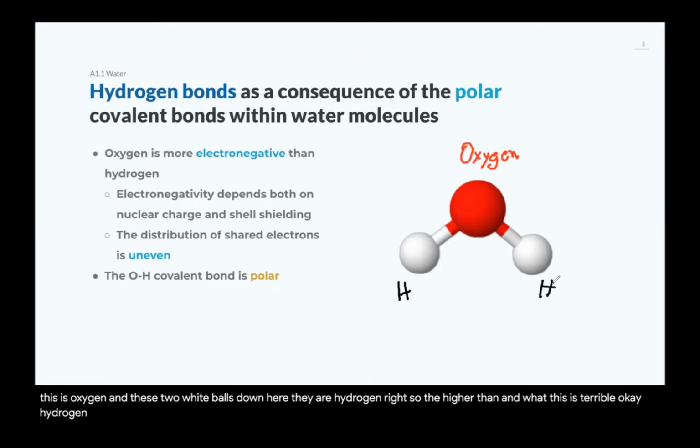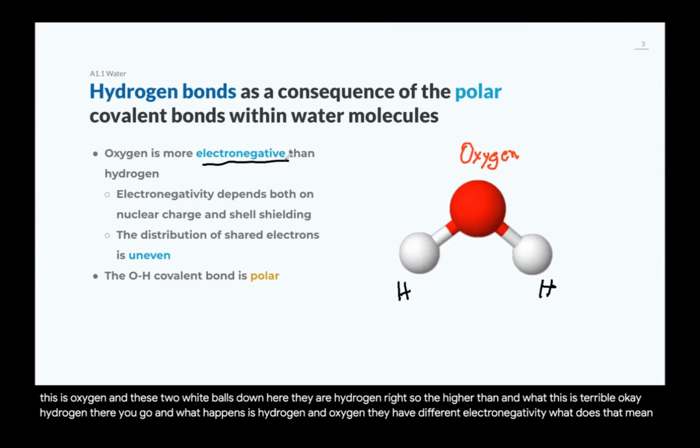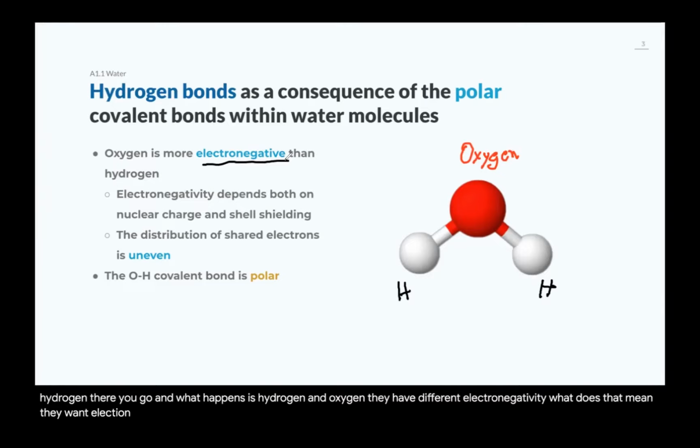And what happens is hydrogen and oxygen have different electronegativity. What does that mean? They want electrons differently. They pull electrons towards themselves with different strength, right?